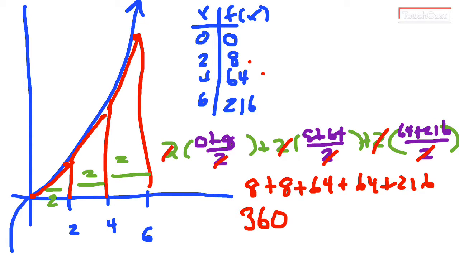But the last part I've been asked to state is: is this approximation of 360 an overestimate or an underestimate of the actual area under that curve? So I'm going to answer by saying 360 is an overestimate.